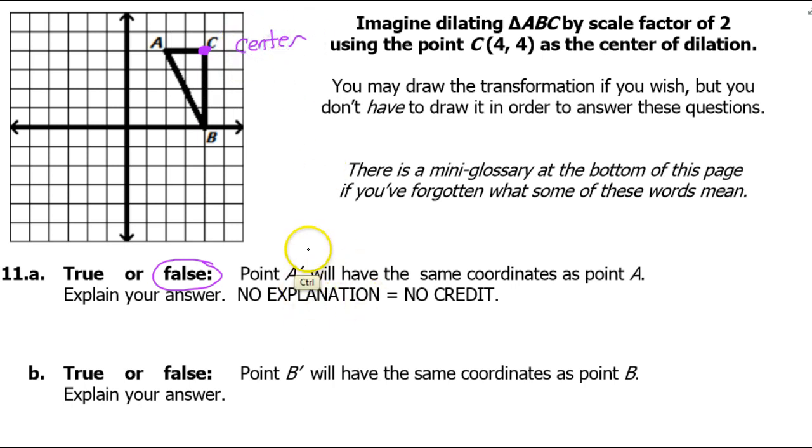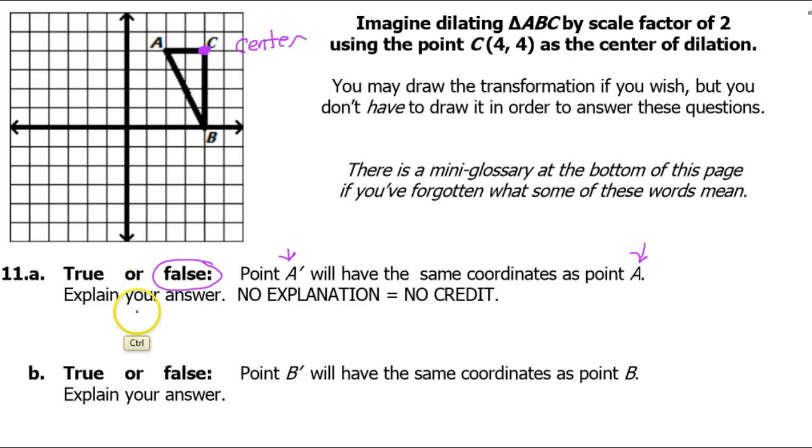Now, the only way that the original point and the image are going to have the same coordinates, the only way a point is not going to move when you do the dilation is if the point is at the center. So look, point C is going to have the same coordinates as C prime, because it is on the center of dilation. Point A and B are not on the center, so they are going to move.